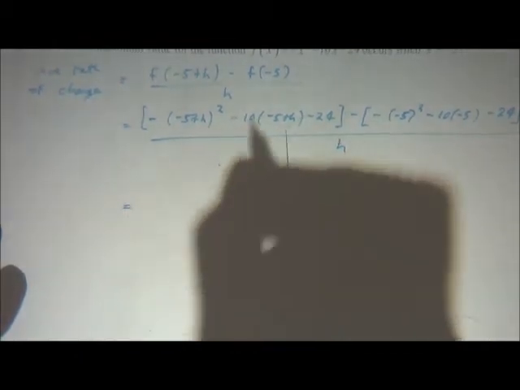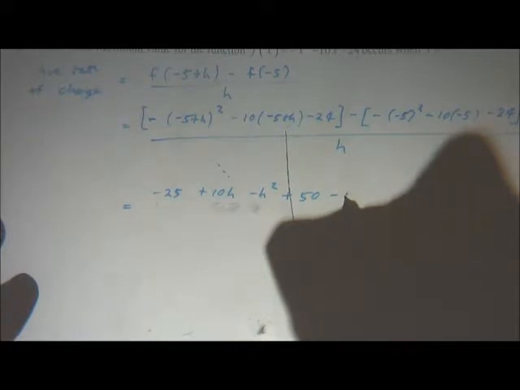So we're going to expand that out, and then we're going to start doing some simplification. When you expand everything out, you're going to get -25 + 10h - h squared + 50 - 10h - 24, + 25 - 50 - 24 + 24, all over h.